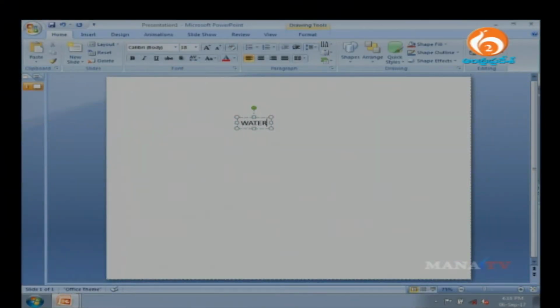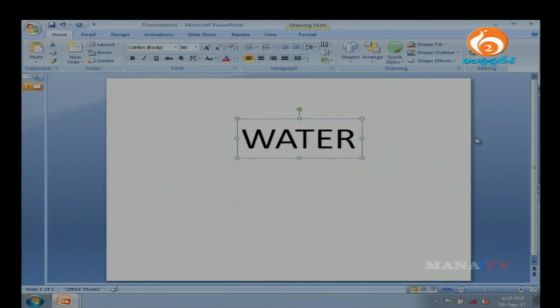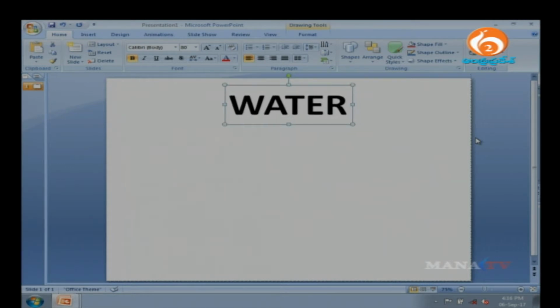Say for example, I'm going to give you a word, which is water. Now, if I ask anybody what part of speech water falls into, the answer would be noun, right?